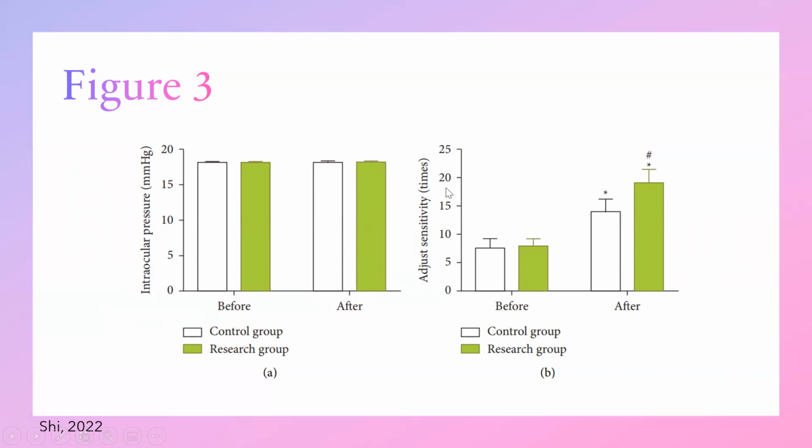In graph B, we are looking at activity sensitivity times. When comparing before and after, we can see increases in both groups after the experiment. And again, we see a slightly greater increase in the research group over the control group.